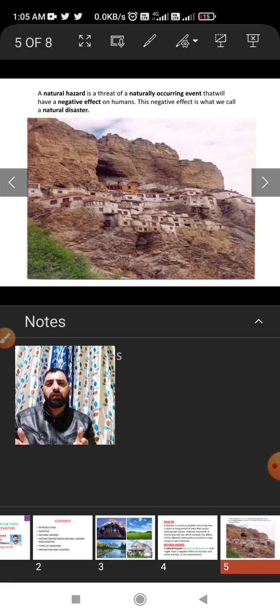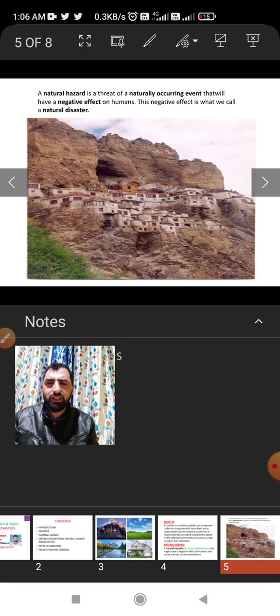So with the passage of time these houses get damaged and will eventually bring the loss of human lives and also will degrade the surrounding environment. This negative impact of a natural hazard like an earthquake is what we called a disaster.